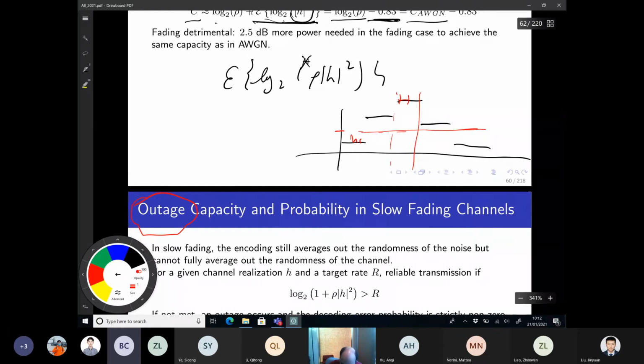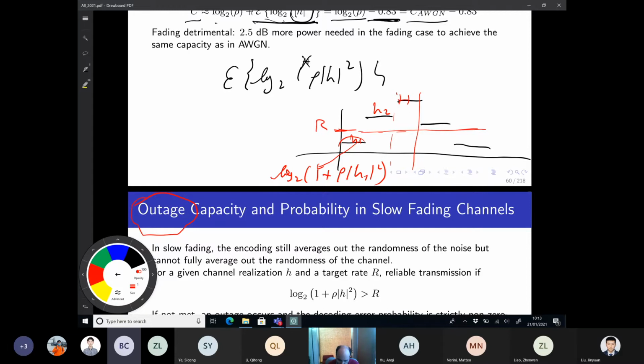If you have H1 here, H2 there, and so on, the maximum rate that this channel realization can support will again be log2 of 1 plus rho H1 squared. But if I transmit at a rate R that is higher than that, for sure during that time I will have errors.